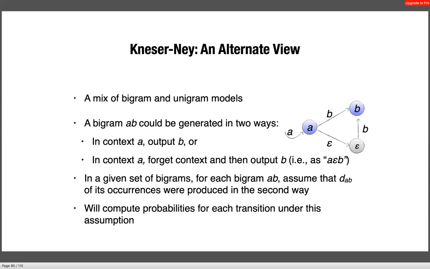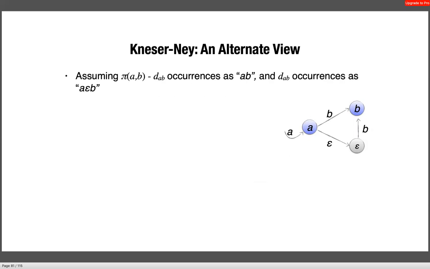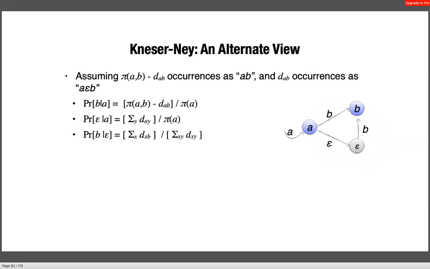So let's assume this and move on and derive the Kneser-Ney smoothed expression. Let pi AB be the count of my bigram AB. I'm assuming pi AB minus DAB occurrences follow the direct path, and DAB occurrences follow the path A epsilon B, so that they total pi AB.